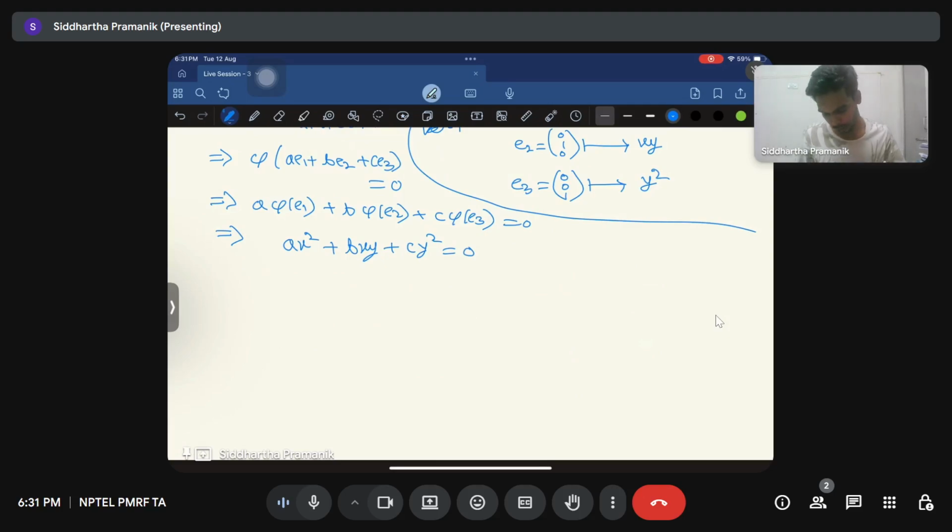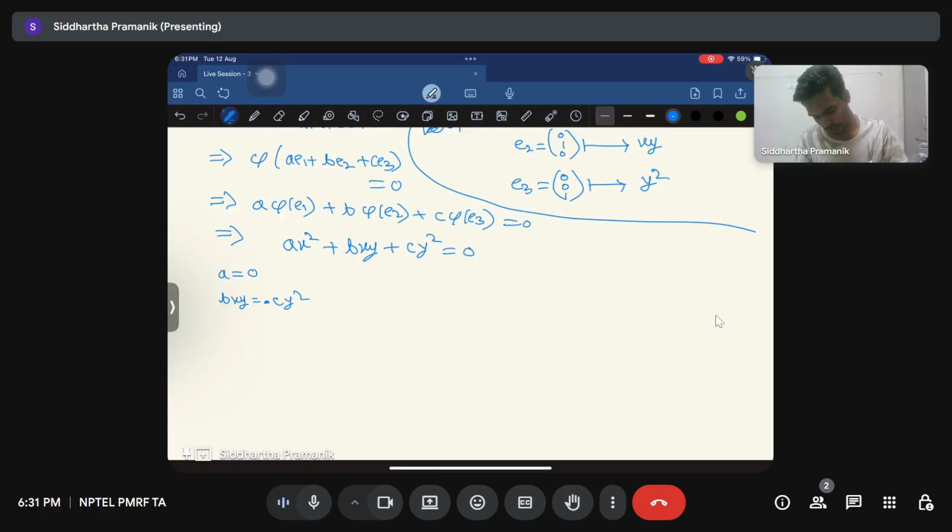There is no particular method I know, but what I usually do is, assume a is 0. Then bxy equals minus cy square.